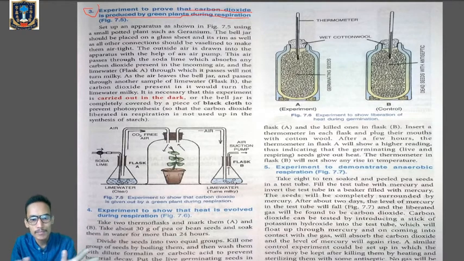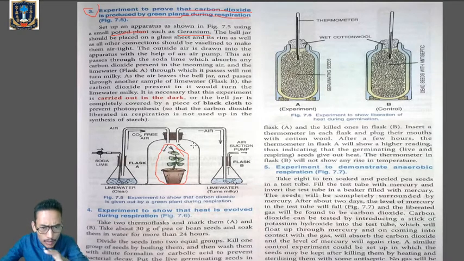Simple. Apparatus: what are the things that we require? We require a well potted plant. You can see over here we have a well potted plant; for example, you can use a geranium. This potted plant will be covered with the help of a bell jar.